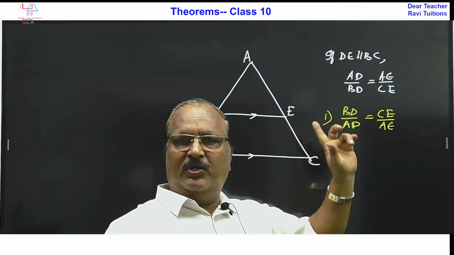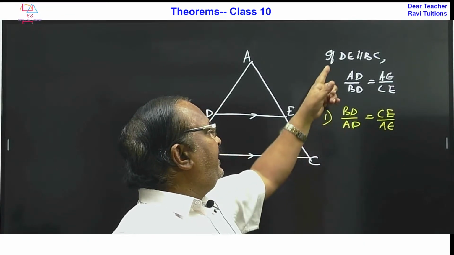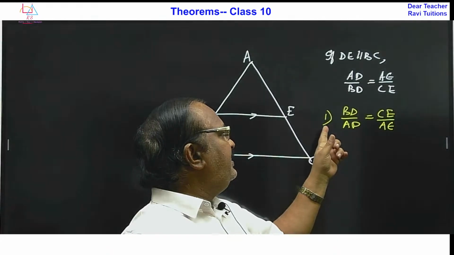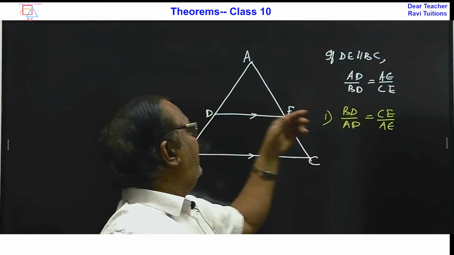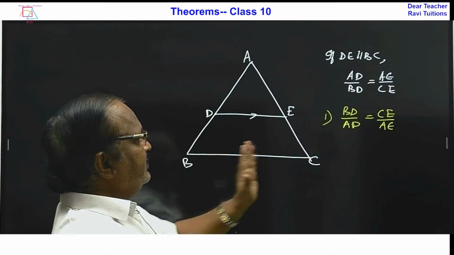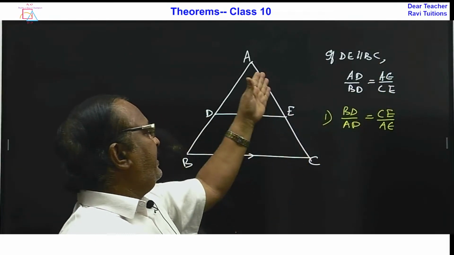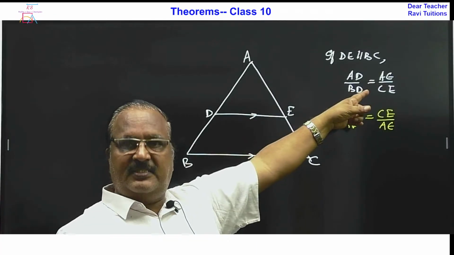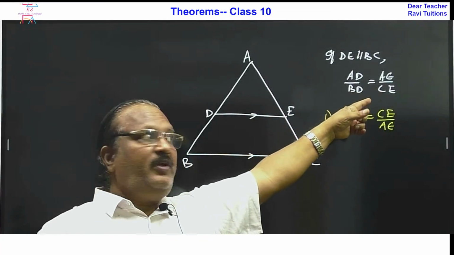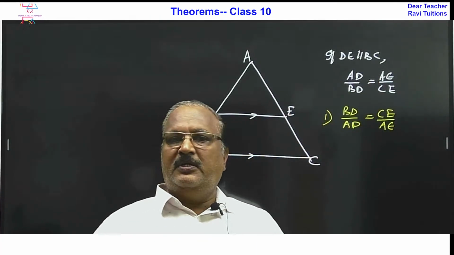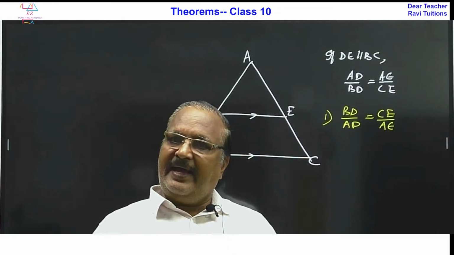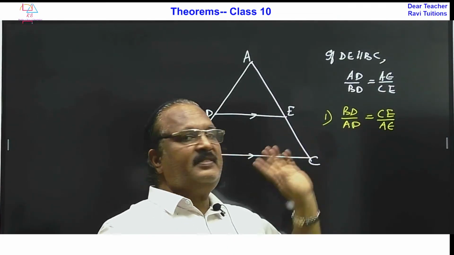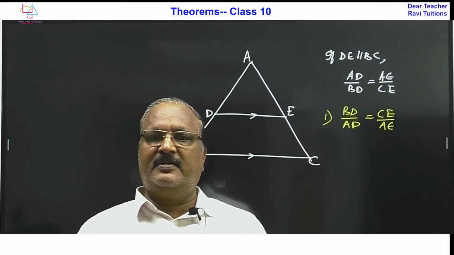Only to confuse you, if DE is parallel to BC, he may give it in reverse order: BD by AD is equal to CE by AE. So you prove as it is. First we have the proof, and we do this as a proof. Hence you can write this result.